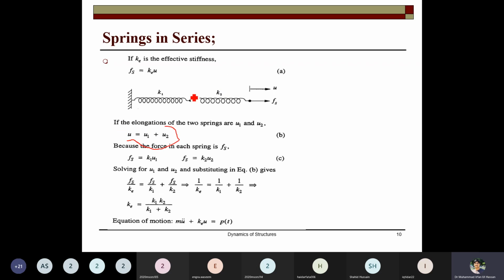The reason is that these are in series. So displacement of this spring is, let's say, u2. Displacement of this spring is u1. So total displacement is u1 plus u2.